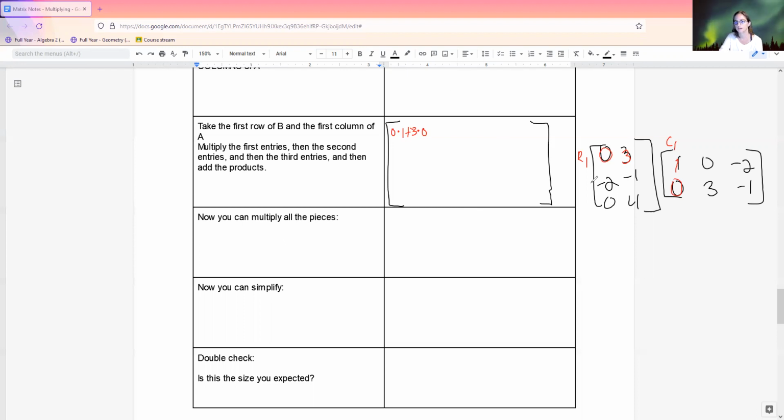New color. Row 2, column 1 again. -2 times 1 plus -1 times 0.